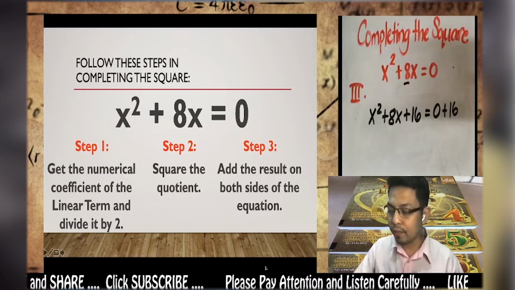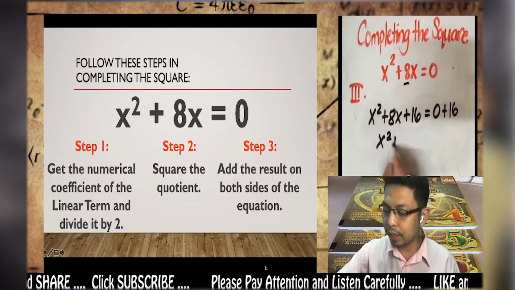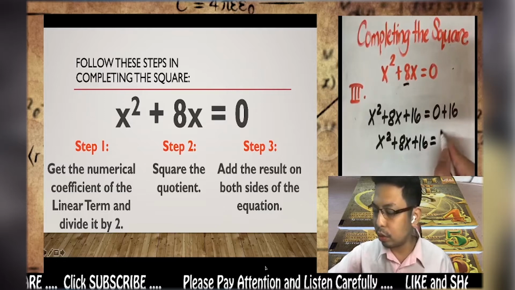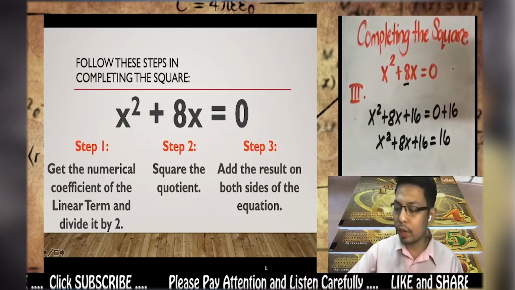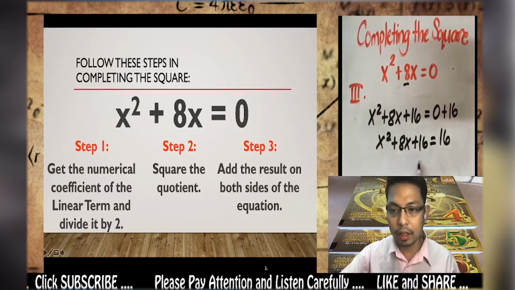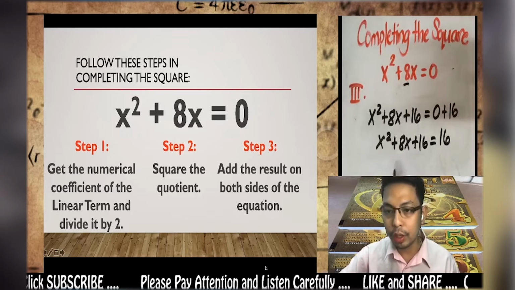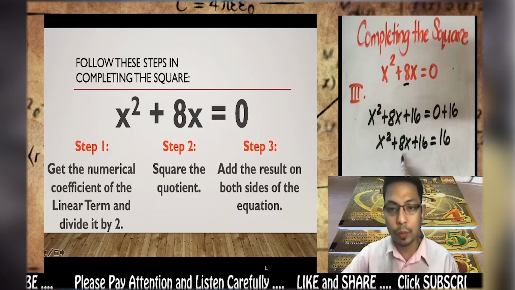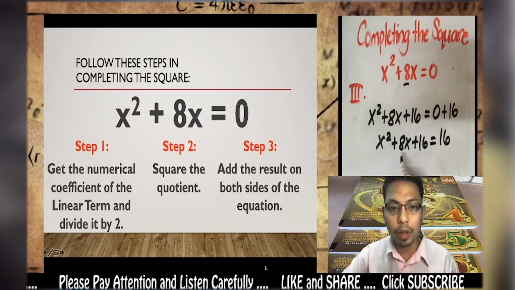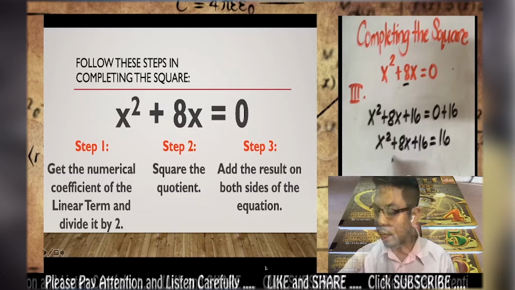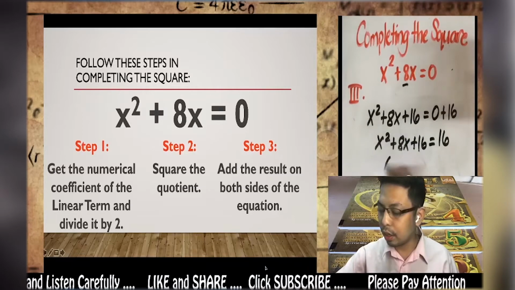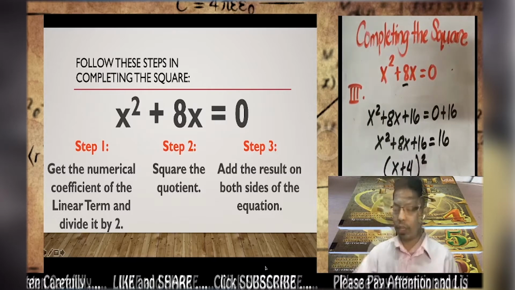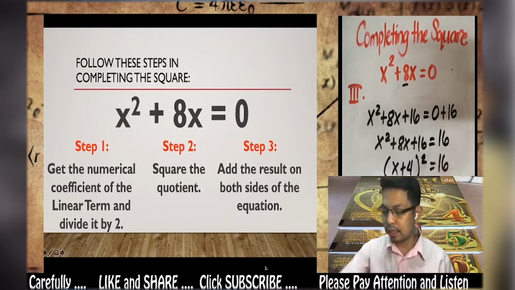So we have x squared plus 8x plus 16 is equal to 16. We can notice that the left side of the equation becomes a perfect square trinomial. Transform the perfect square trinomial into a square of binomial. So that would be the quantity x plus 4 squared is equal to 16.